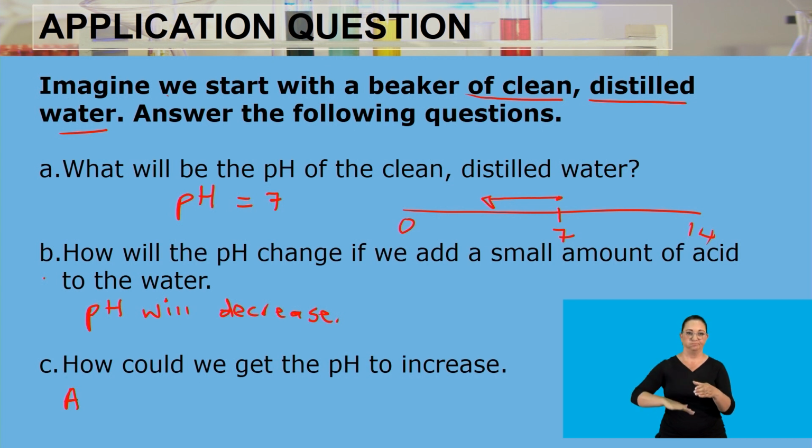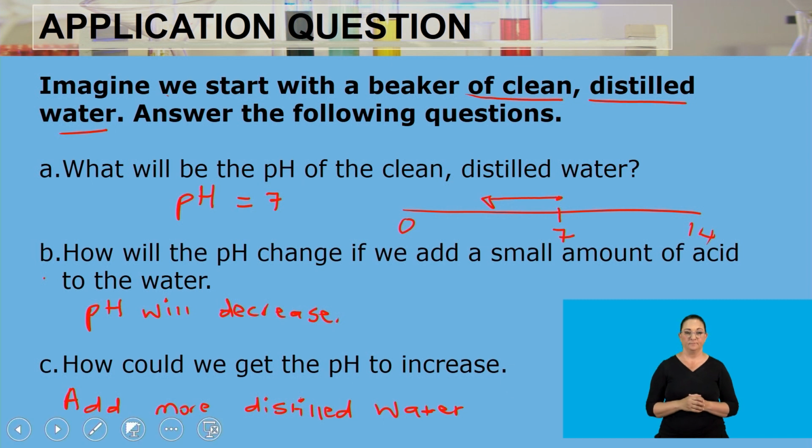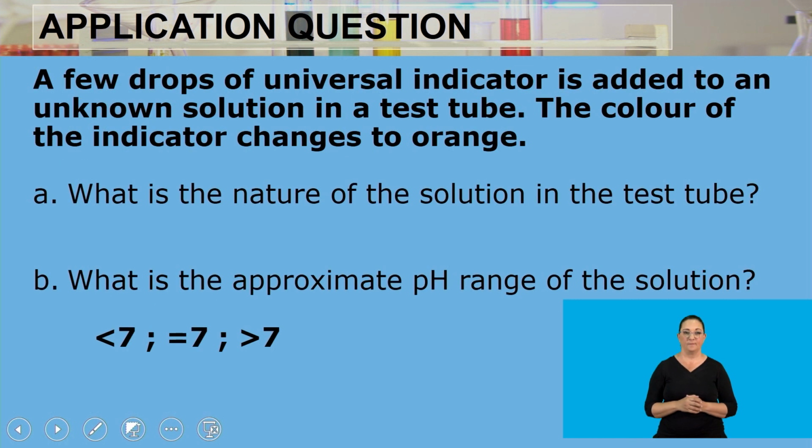By pouring the water onto this solution, we are neutralizing the acid within that water. So the pH is going to increase and go back towards 7. So we need to add more distilled water so that the pH can increase.